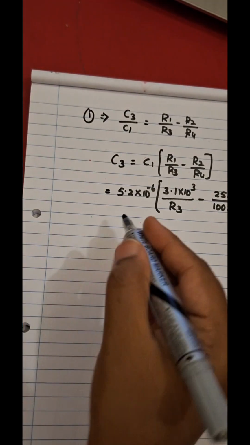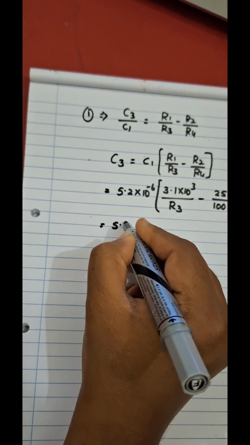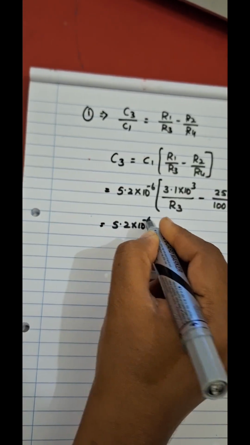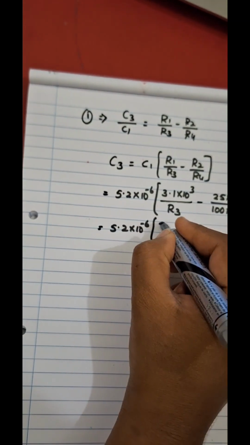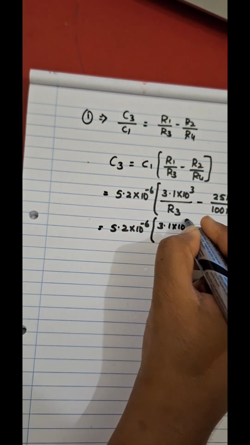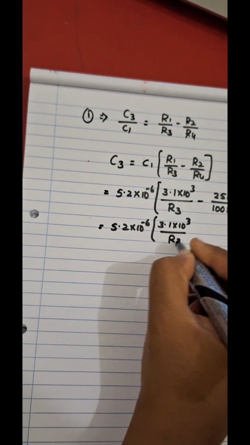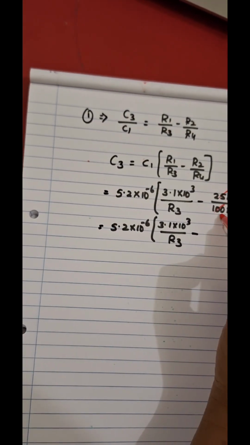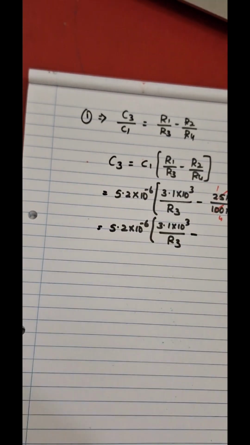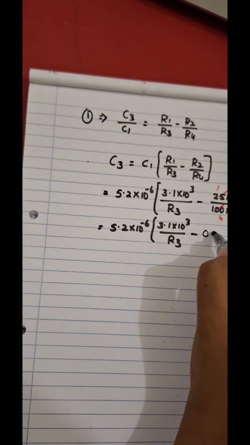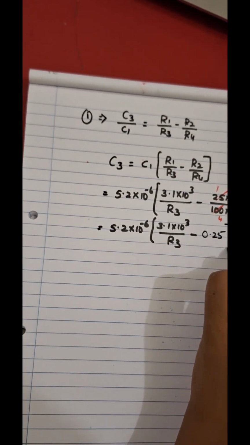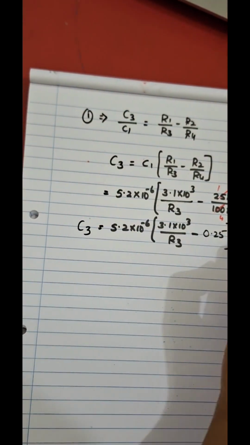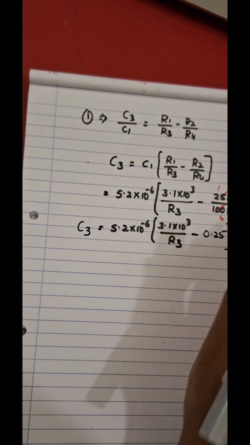Okay. So this can be written as 5.2 into 10 power minus 6 into 3.1 into 10 power 3 by R3 minus, this one cancels, this one cancels, it will give you 1 by 4. 1 by 4 means the answer is 0.25, isn't it? So just write it like that. Done. So for now you have C3. Write it as equation 1 and keep it there.